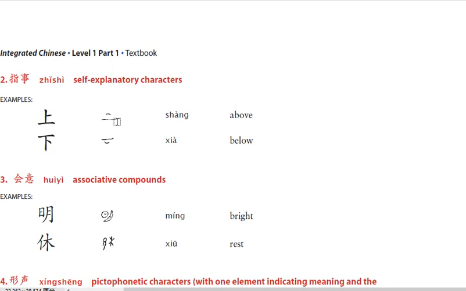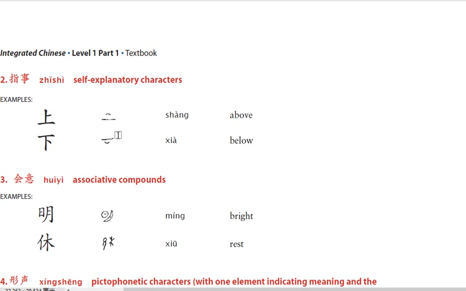The long horizontal line represents the ground, usually in the Chinese characters, and the short curved line above indicates a position. So 上 actually is a position, and it uses these two simple lines to indicate the meaning of this character. 下 is the same thing, meaning below, the short curved line is below the horizontal line, below the ground.